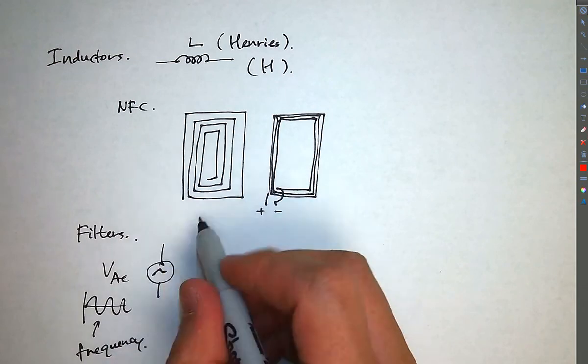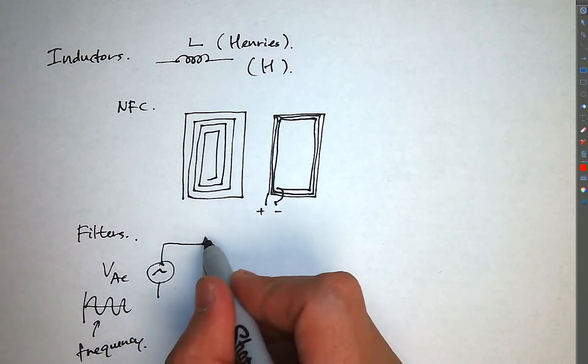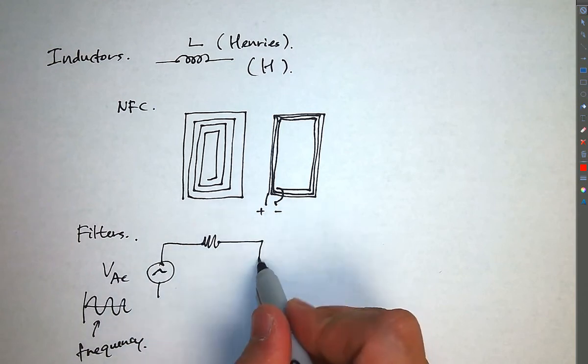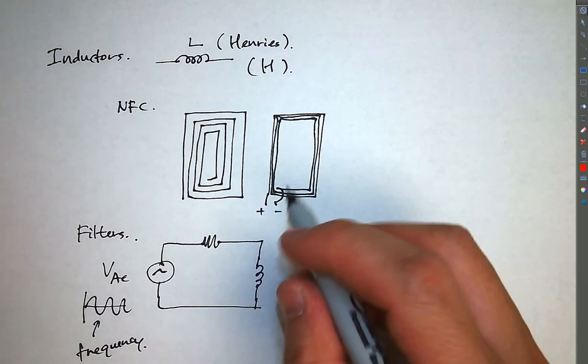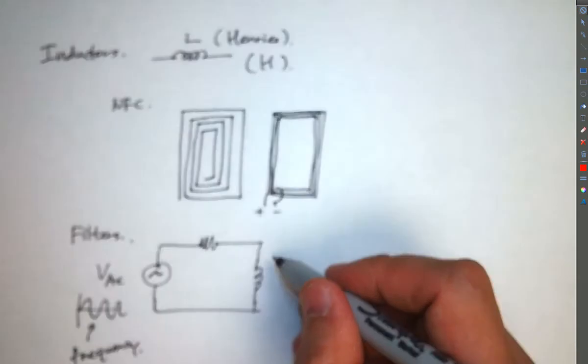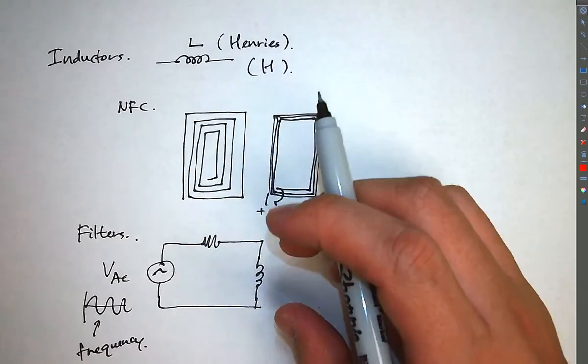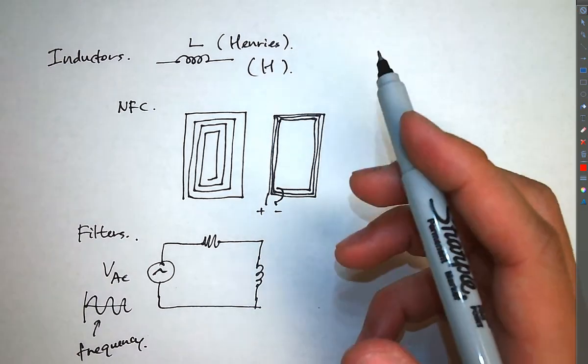And so you have the current that's flowing through it, goes through a resistor and can go through an inductor. And so if you measure the output across here, then basically what this circuit does is it filters either low frequencies or high frequencies.